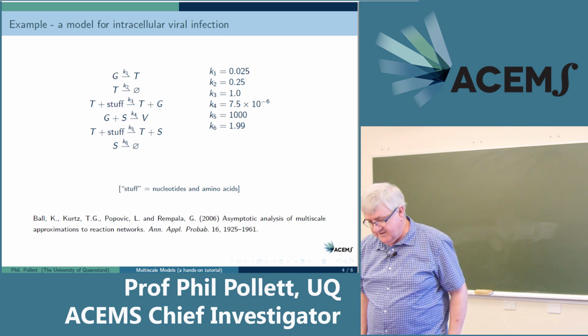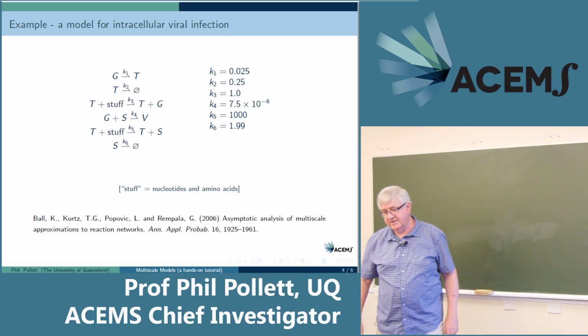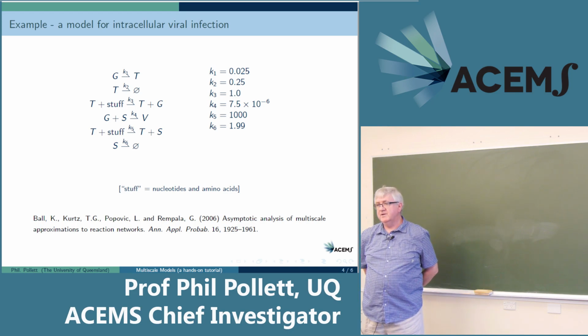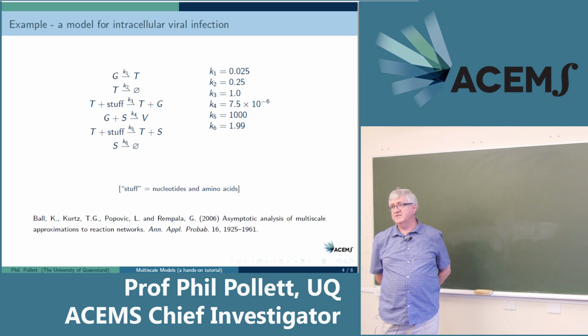Right, so I learned about this model from these 3 authors. This is a paper that appeared in the Annals of Applied Probability some years ago. They analysed this model along with others and gave quite a detailed analysis of this intracellular viral infection model.